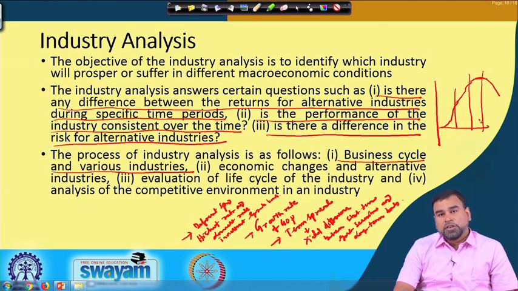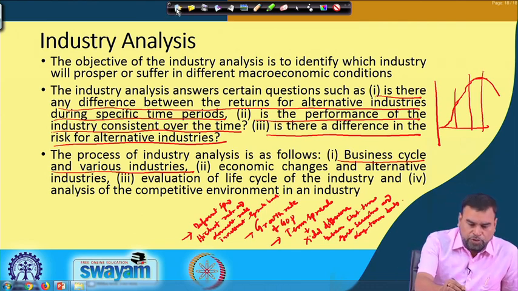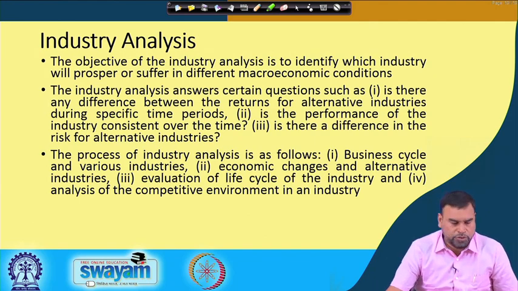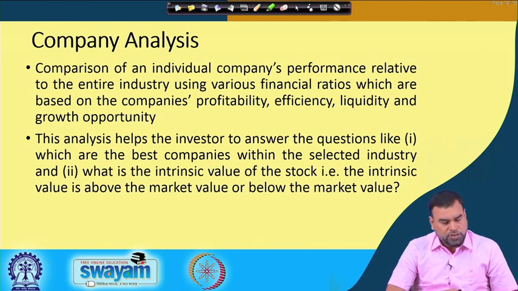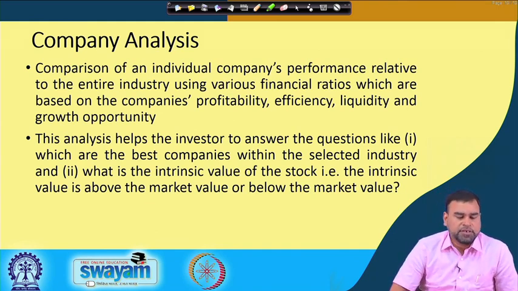Therefore, the competitiveness of that particular industry is also quite important to know whenever anybody wants to invest in that industry or sector. This is the overview of the industry analysis. Then we can move into the company analysis, which is the last step of the fundamental analysis.